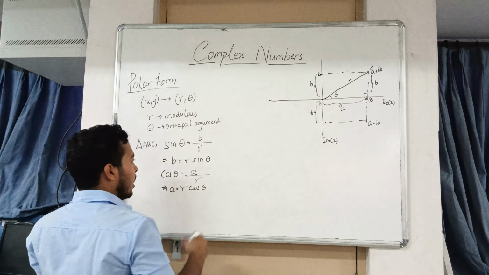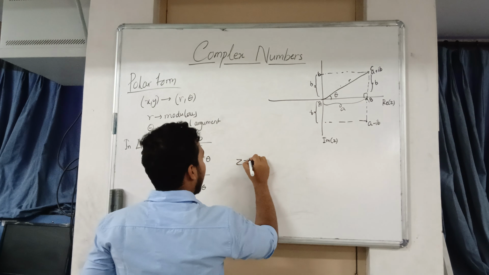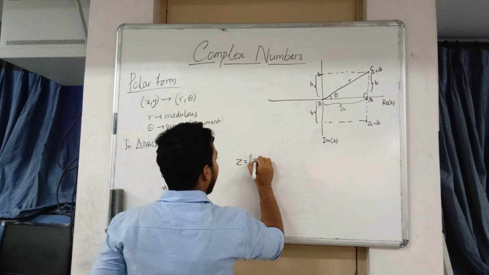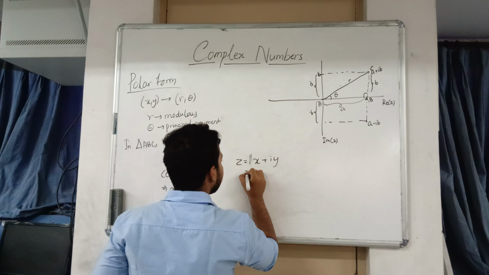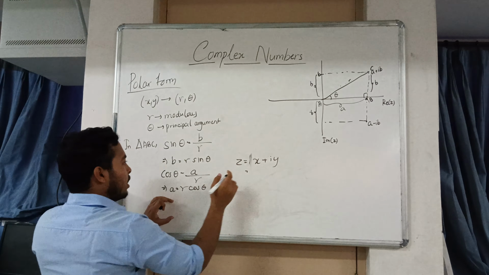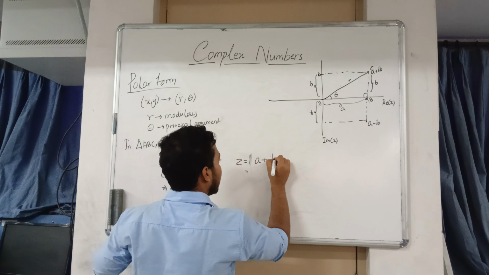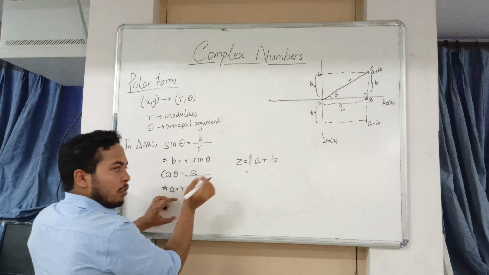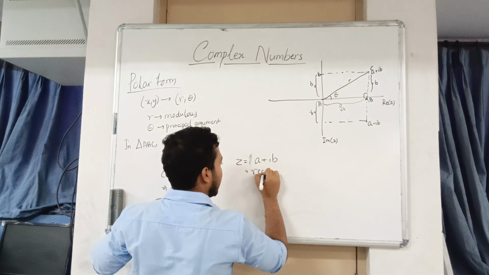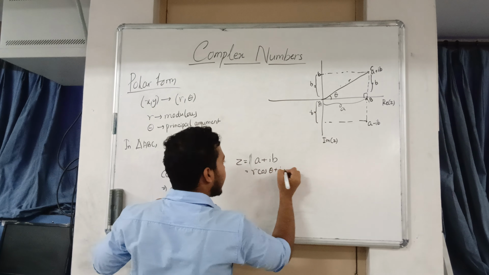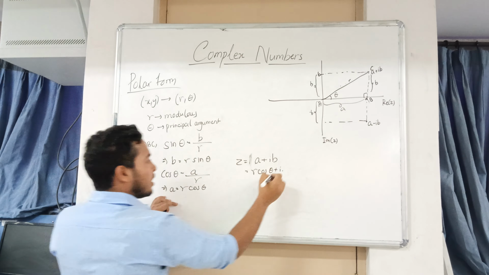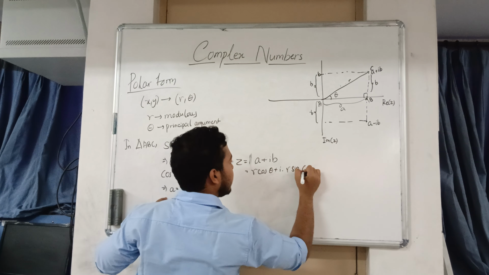Now previously our z was x plus iy. Now substituting the values, let us write it as a plus ib. Now a is equal to r cos theta plus i times b, which is r sin theta.